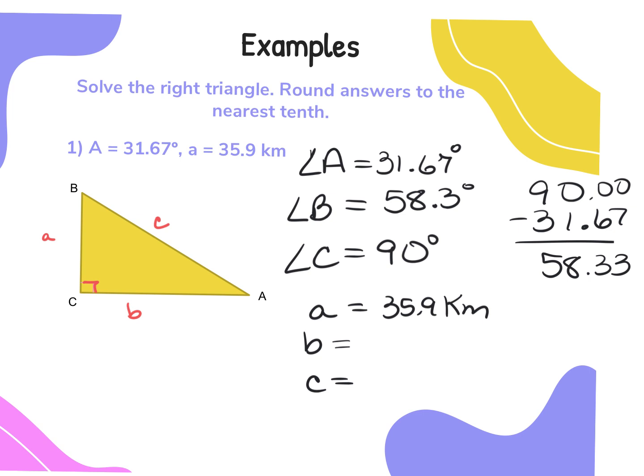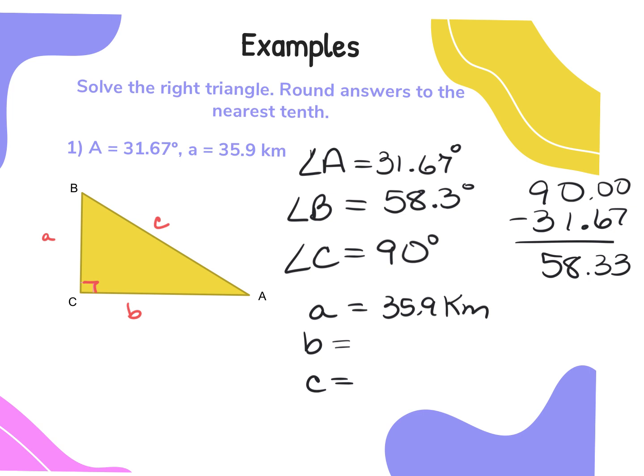Now what we have to find are the side lengths, and this is where we use our SOHCAHTOA. Always, and this is important, try to use the given information. Don't try to use a calculated answer.